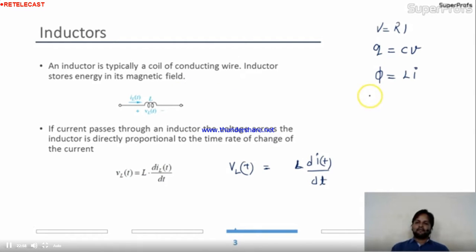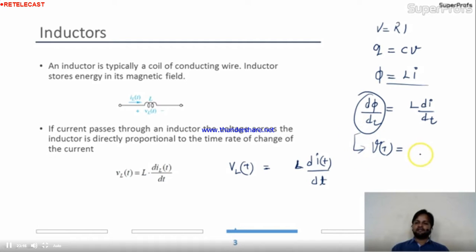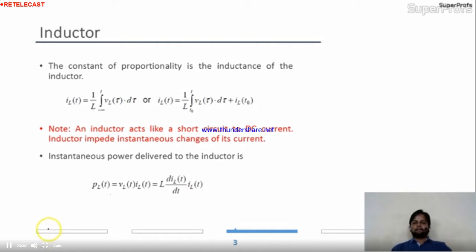So when you differentiate this equation, you get d phi by dt is nothing but L di by dt. And d phi by dt is nothing but the EMF produced. So v(t) is nothing but L di/dt. This is the simple relation between current and voltage as far as the inductor is concerned. Okay, come to the next now.